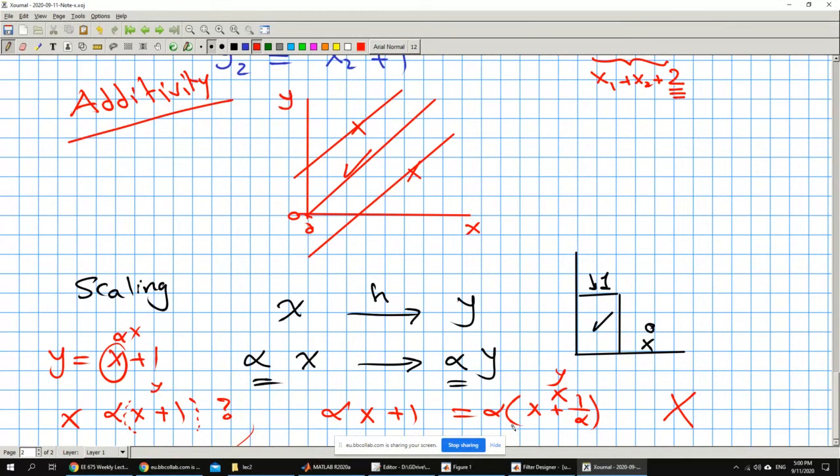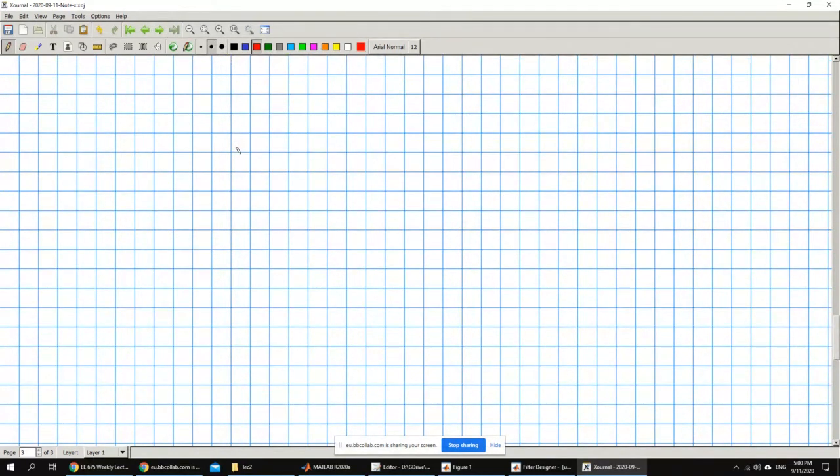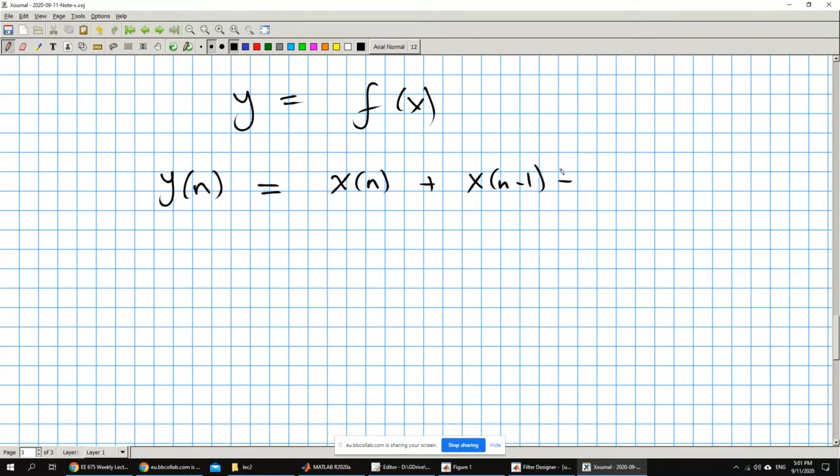Okay, so this is the basics of linear systems. Let's get into the actual filters, how filters are done. Let's take several examples. By definition, in digital filters you have Y as a function of X. In digital form, this can look like this: Y of n is equal to X of n plus X of n minus 1 plus X of n minus 2, for example.